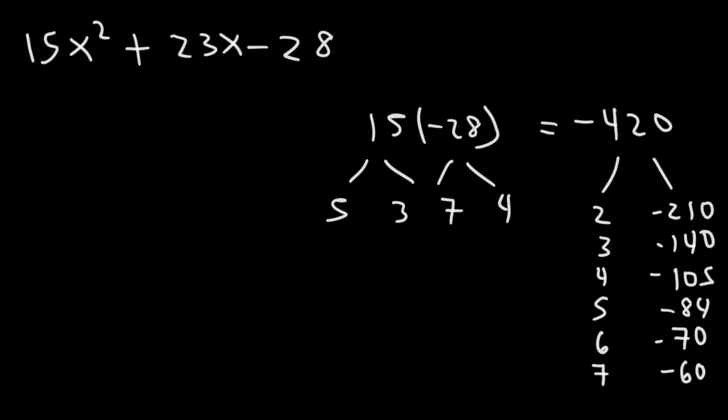So what's the next number that we can choose? 3 times 4 will give us 12, so we could use that number. 420 divided by 12 is 35. Now, 12 and 35, they differ by 23. So since we want positive 23, let's use positive 35 and negative 12.